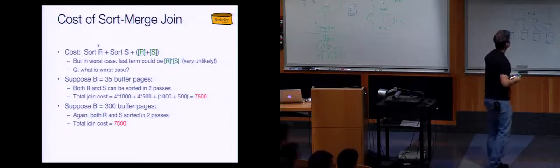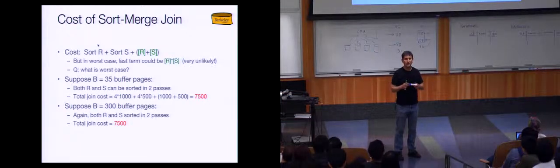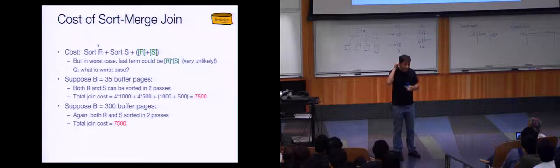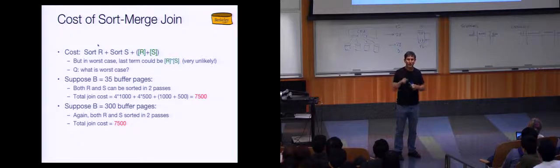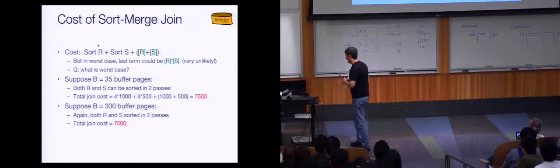Okay. What's the cost of sorting R in IOs? Sorry? I guess I'm looking for an actual equation for the cost of sorting R. Yeah. 2n log n. Oh, good. All right.